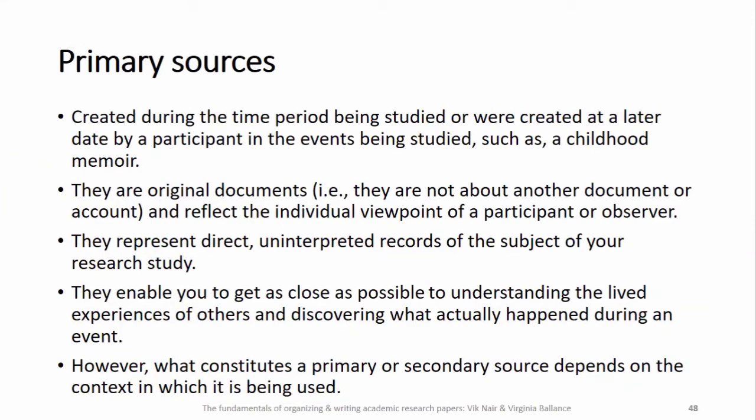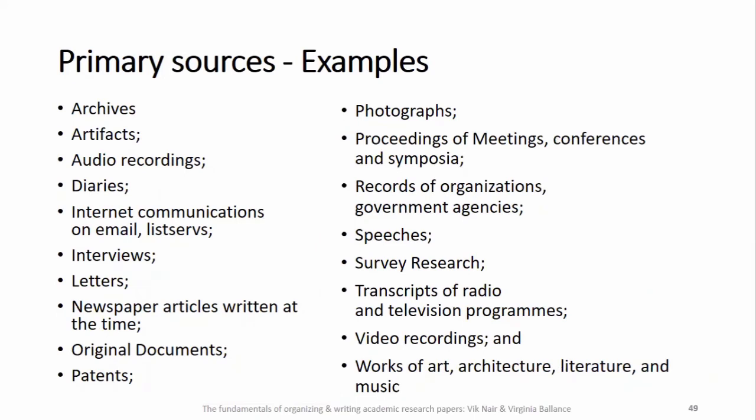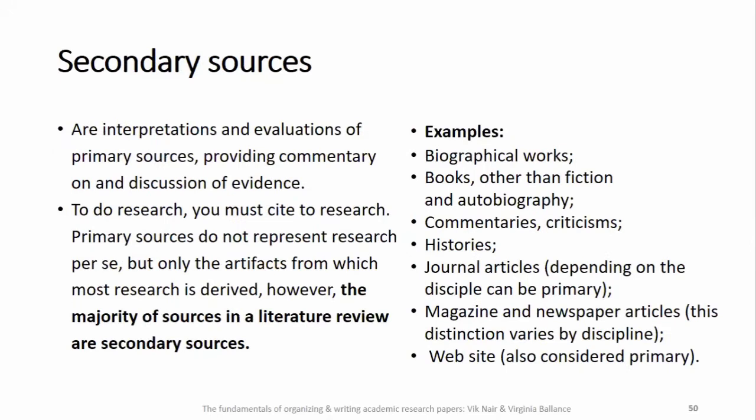And there's no interpretation included in the document. They just represent exactly what happened. Examples being archives, diaries, audio recordings, newspaper articles written at the time, that kind of thing, photographs, video recordings, and so on.